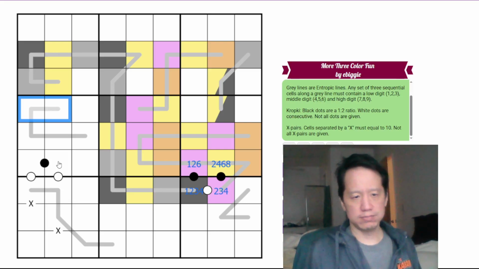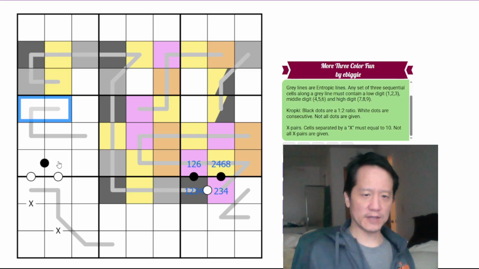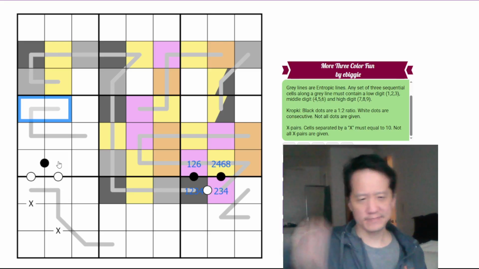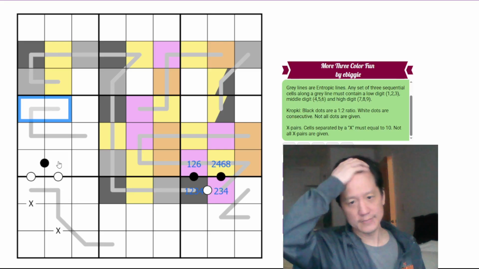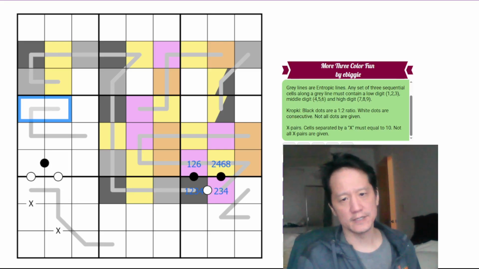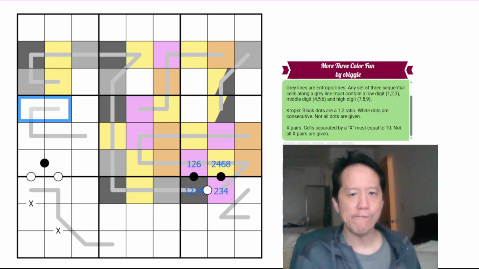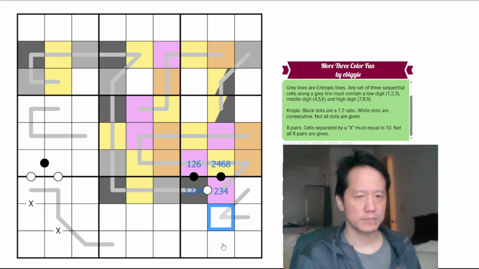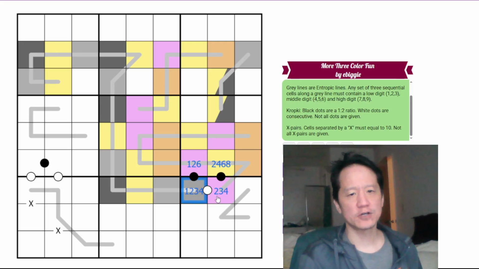Let's see. Do we have anything else? Not that I can see. Well, one thing is, if dark is the same as pink, that means light must be an orange. Sorry, not light. Medium must be an orange.